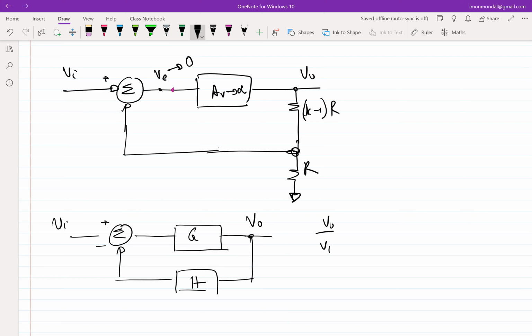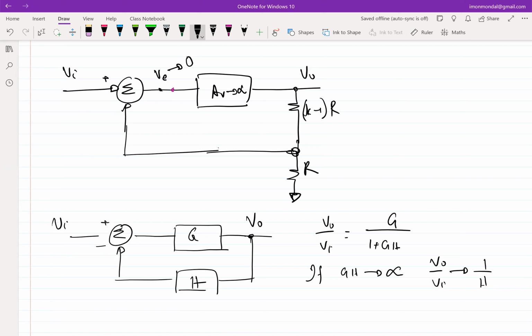So V naught over Vi in this case is G by 1 plus GH. And if GH tends to infinity, V naught over Vi tends to 1 over H. Right? So can you relate these two? What is G and what is H?